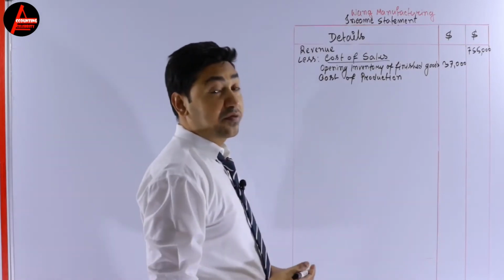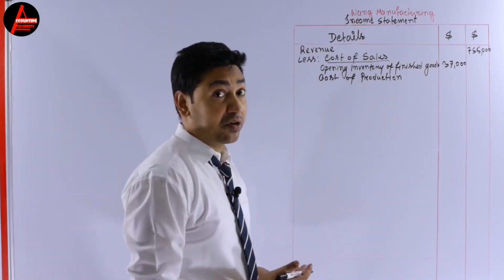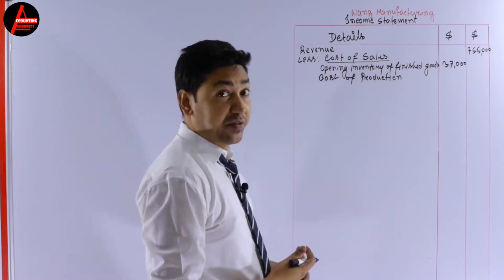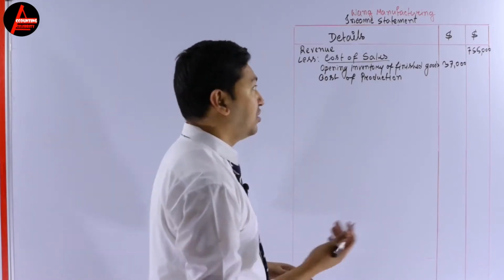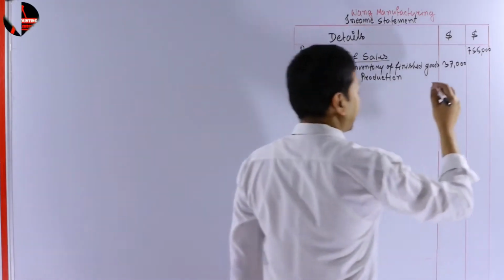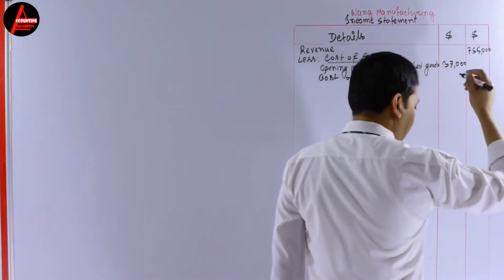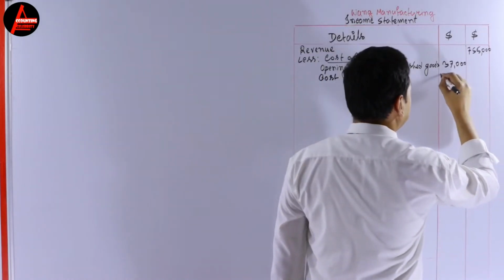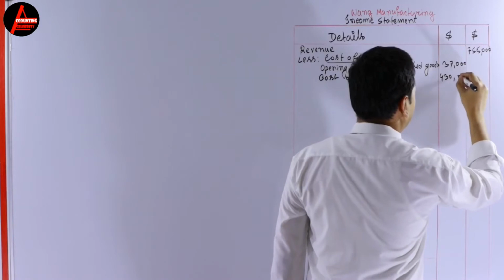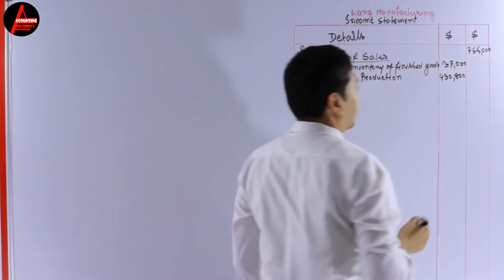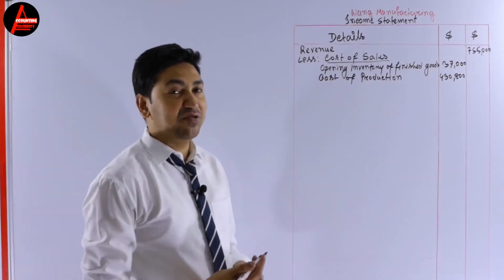This value will come from the manufacturing account, which I showed in my previous video, okay? So what is the value here? Cost of production, it is $430,800, okay?